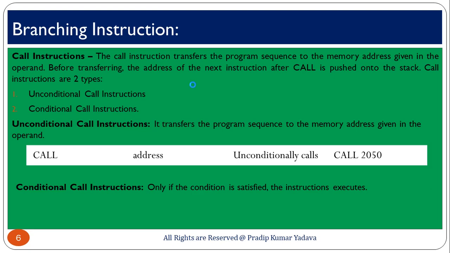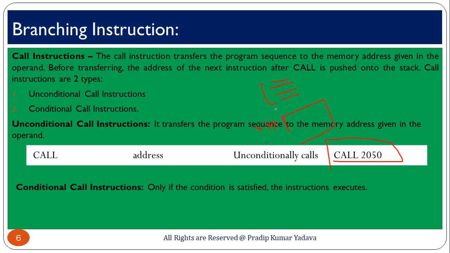Call instructions are of two types, unconditional and conditional. Here you can see the standard format to mention call, and this represents unconditional call, meaning if you want to call any program unconditionally, you can use this. Mostly call is used when you are going to use some routine. Suppose this is the main program and this is the subprogram, with its sub address.